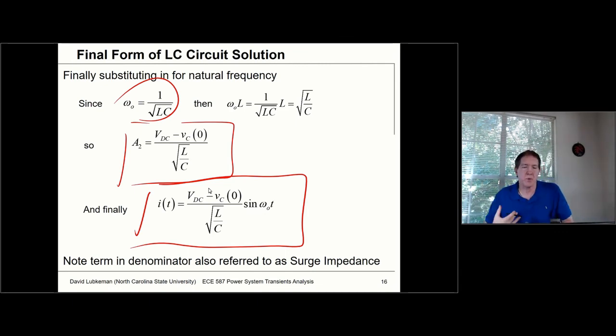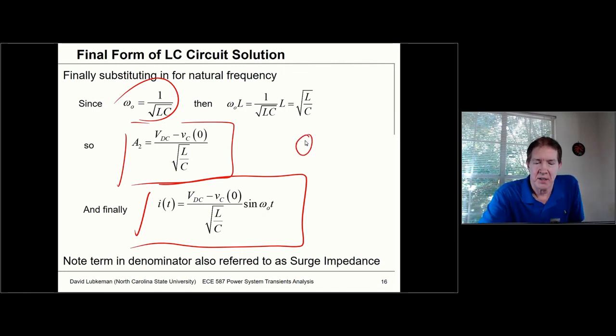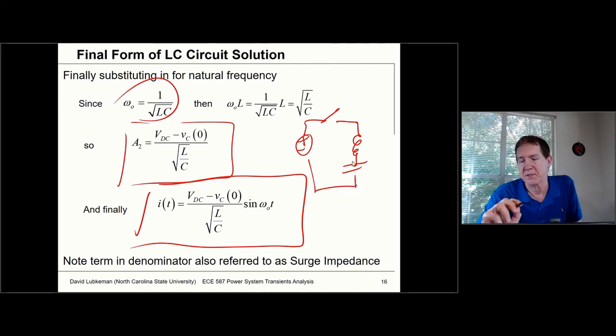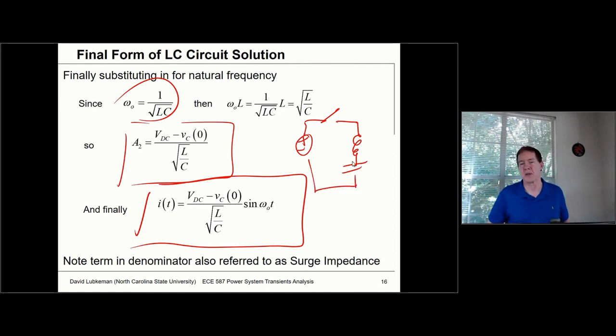Now, what do you see as a result of this solution if I had a DC source and if I were to energize this inductance and this capacitance? We're going to see this later on. This is going to be what we see when we have a power factor correction capacitor switching in.